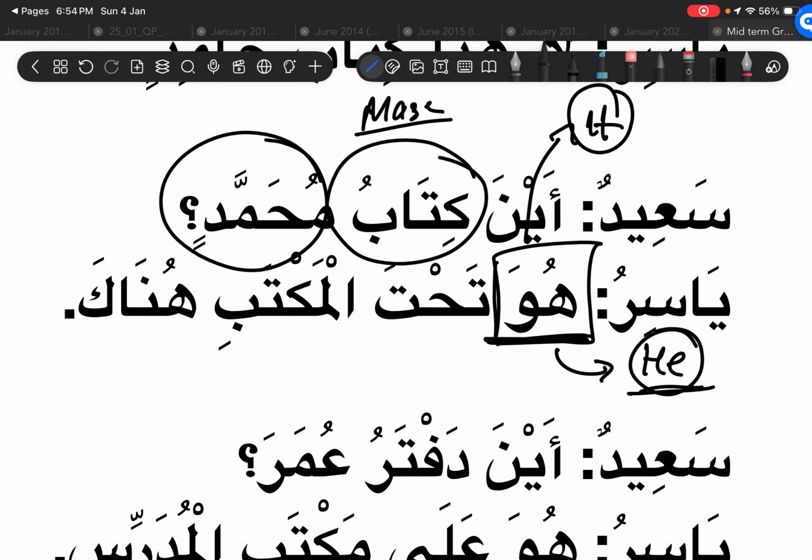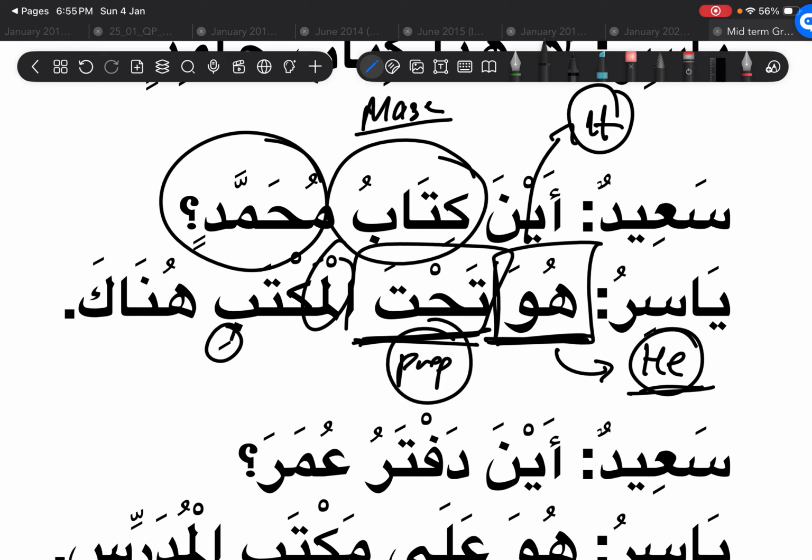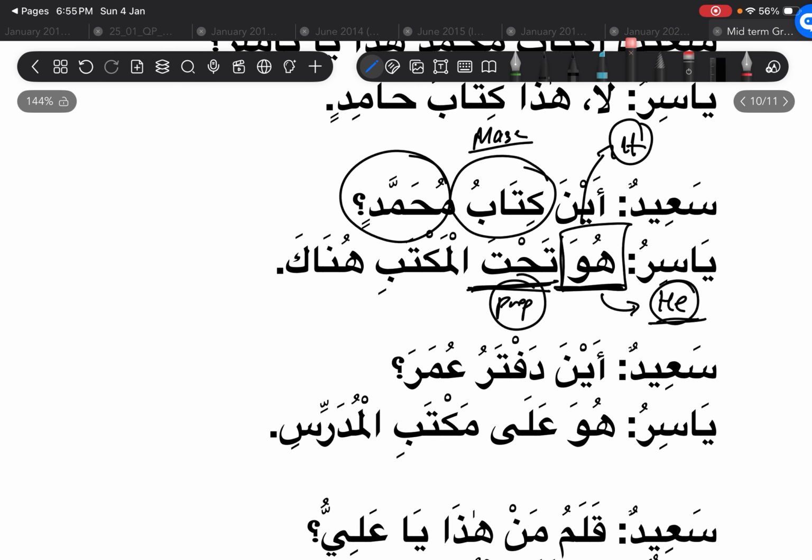This is grammatically wrong. Tahta means under. This is also a preposition. We did not learn this. There are more prepositions other than min, ala, fi, and ila, like fawqa and tahta, and that's why you see an alif lam and kasra. Huwa tahta al-maktab hunak. It is under the table there.